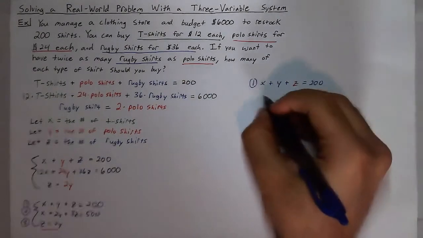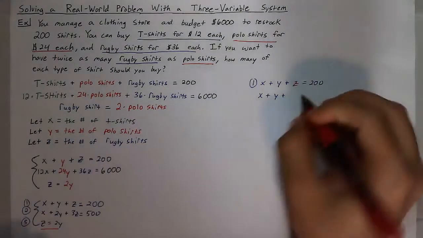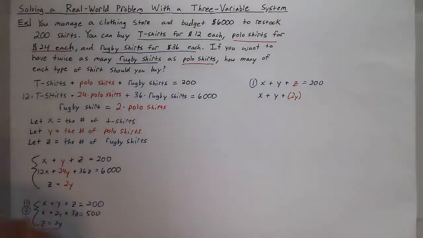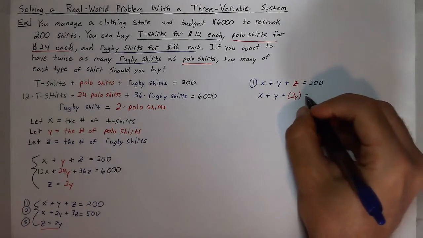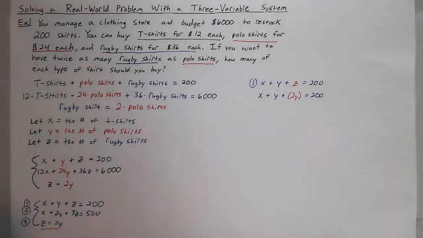But now I can write that as x plus y plus 2y is equal to 200. So that gives me a new fourth equation. X plus 3y is equal to 200.